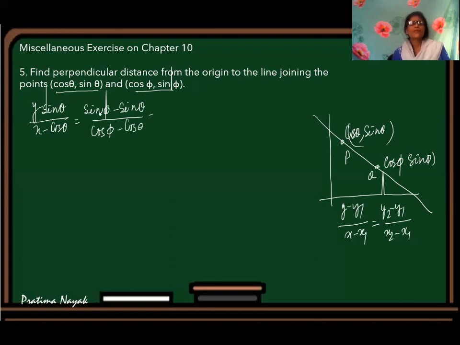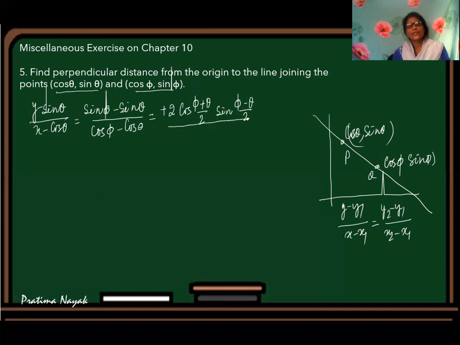Now I am simplifying this with trigonometric formulas. So sin A minus sin B will be 2 cos of (phi plus theta) by 2 into sine of (phi minus theta) by 2.